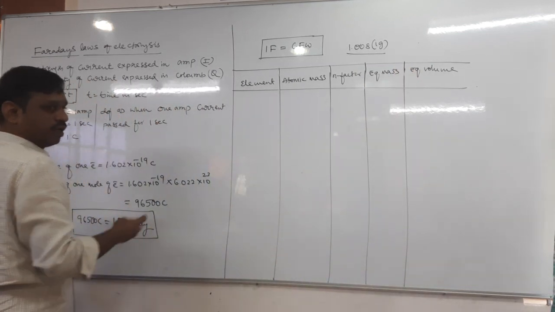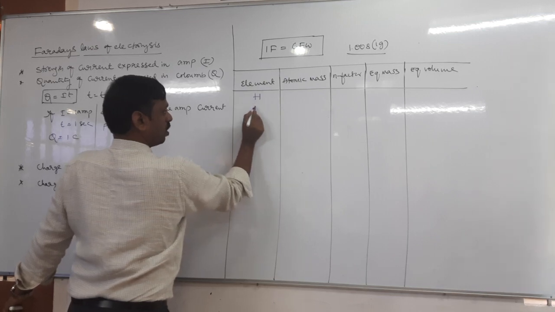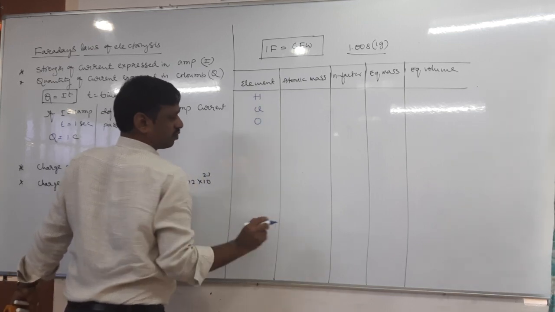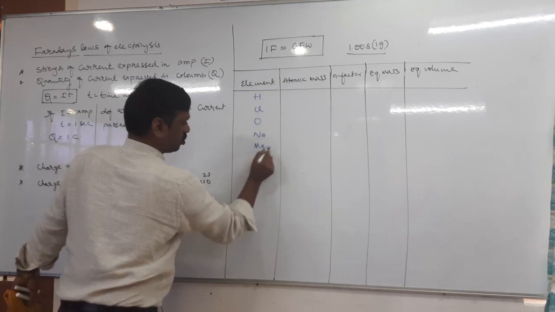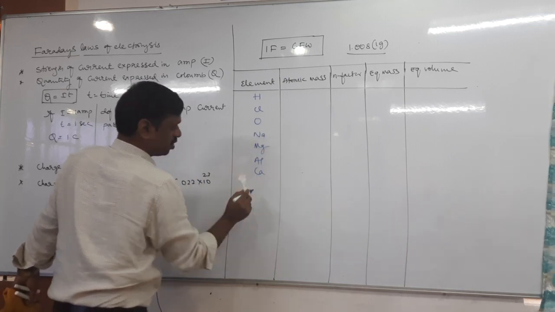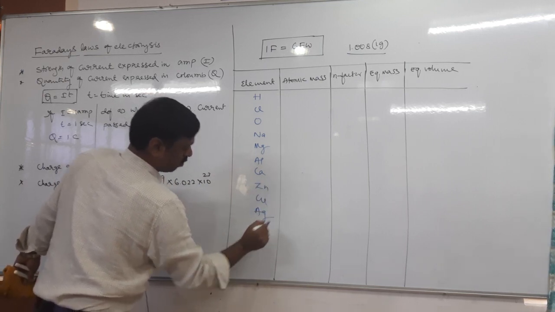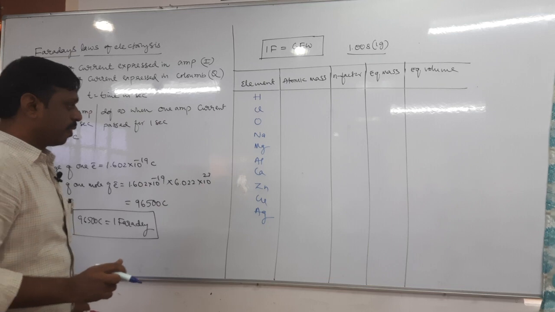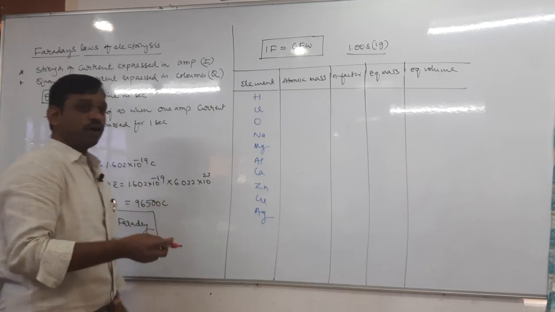Okay, elements: let us start with hydrogen, chlorine, oxygen, sodium, magnesium, aluminium, calcium, zinc, copper, silver, etc. And tell me their atomic mass.